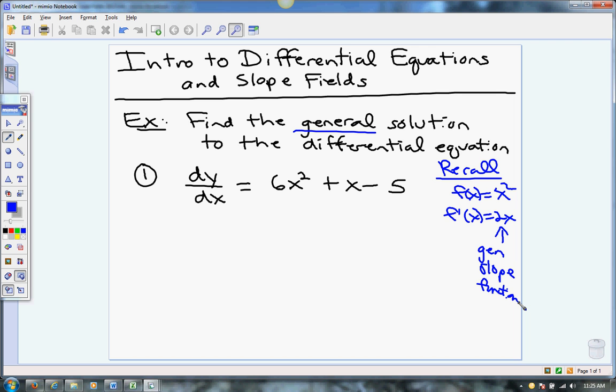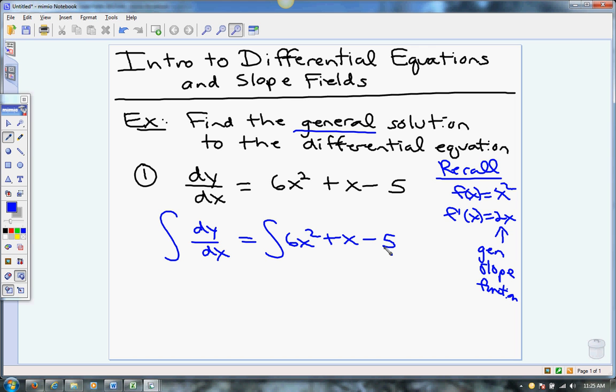So how can I do this? Well, what I want to do first is integrate both sides. I'm going to integrate dy/dx, and I'm going to integrate 6x squared plus x minus 5.